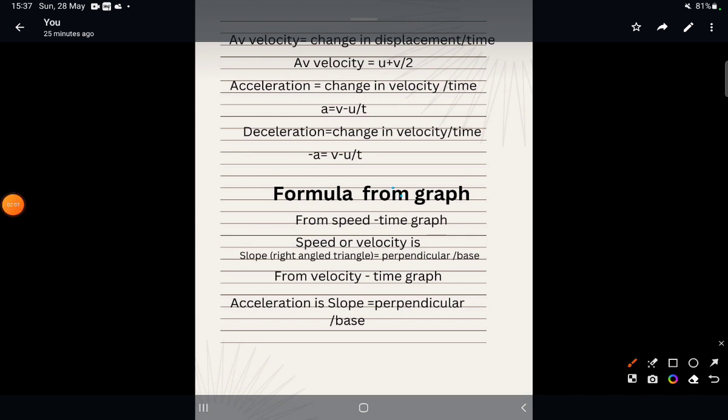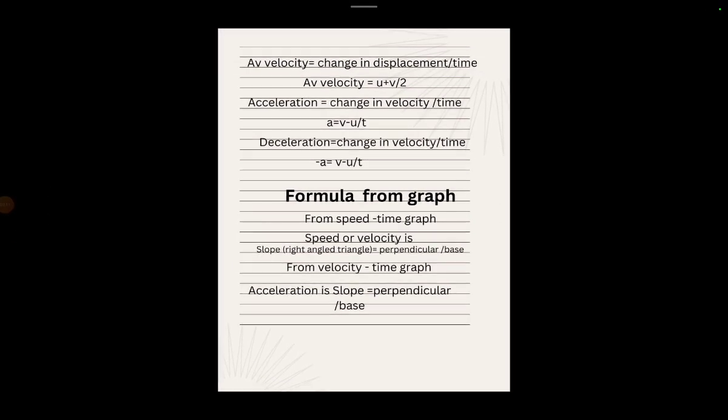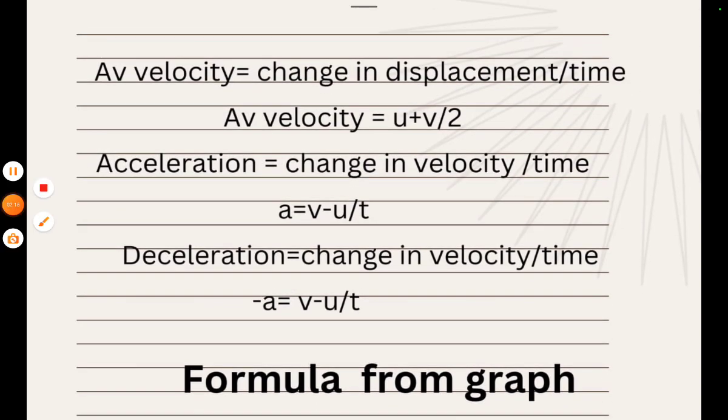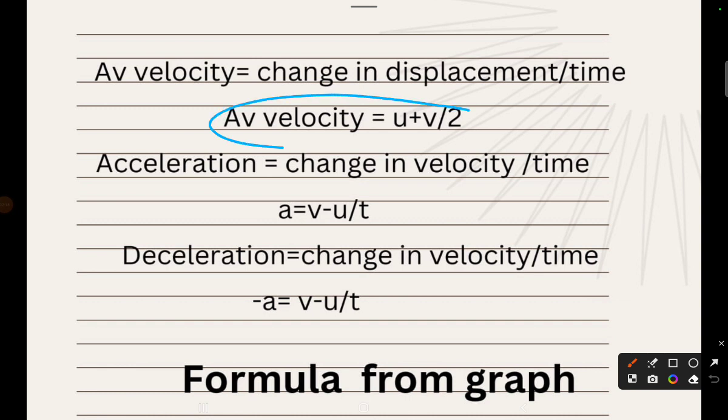Average velocity is the change in displacement divided by time. It can also be calculated by the formula u plus v divided by 2. u is the initial velocity and v is the final velocity.